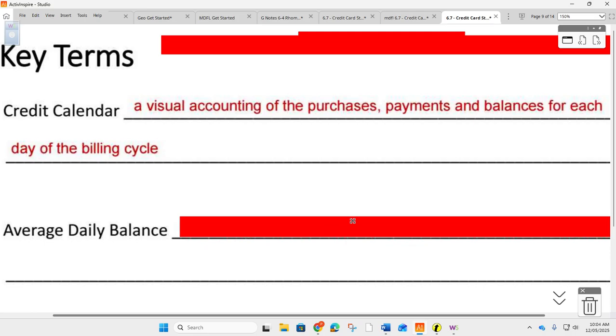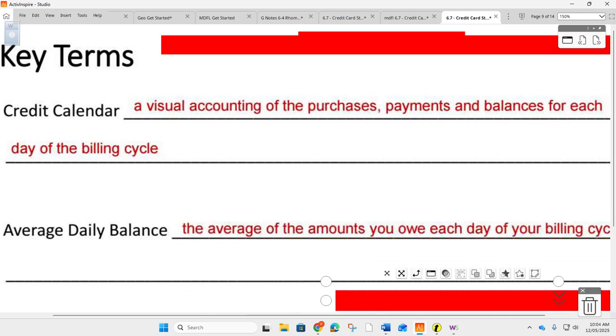So you fill out this calendar, you compute what the balance is every day separately, then you add them all together, divide by whatever number of days are in the billing cycle that the credit card company has told you is in it, and that's how you find your average daily balance.